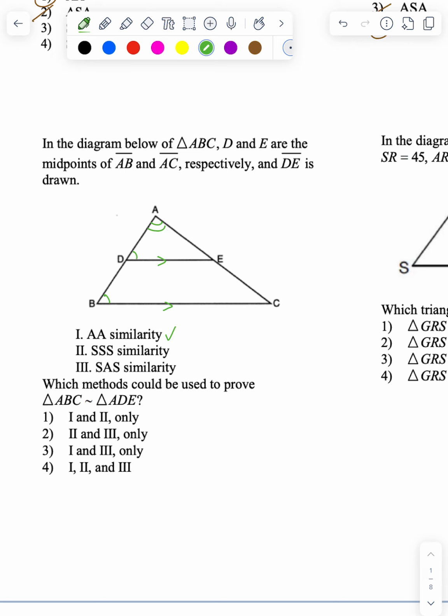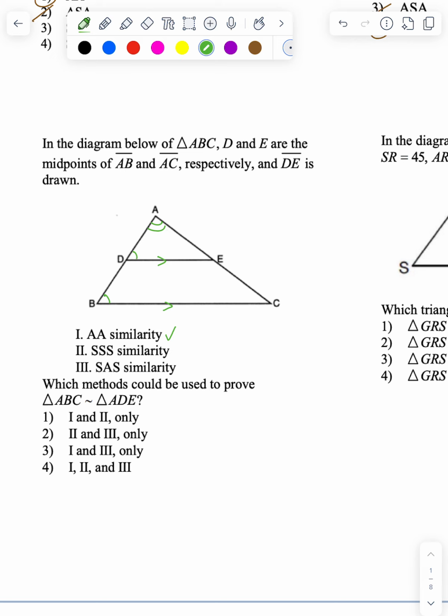So AB, the side from the big triangle, would be double AD, which is the side from the small triangle. So there is a scale factor of 2. And that scale factor holds for all of the sides because the triangles are similar. So it's going to be the same scale factor for all the pairs of corresponding sides. So from AE to AC, it's going to be a scale factor of 2. And from DE to BC, it's going to be a scale factor of 2.